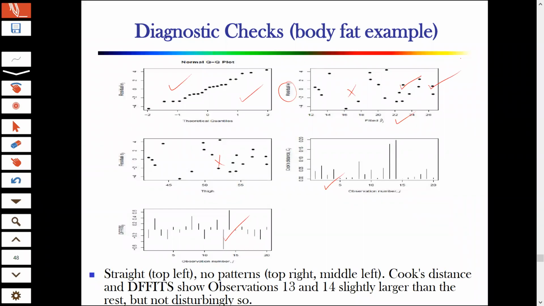Cook's distance and DFFITS show that observations 13 and 14 are slightly larger than the rest, but not that much higher, and we have checked that they are basically not that much of an outlier. So in this particular data set, we don't have any outlier, but for any data set, we can easily check if there is any outlier or not.